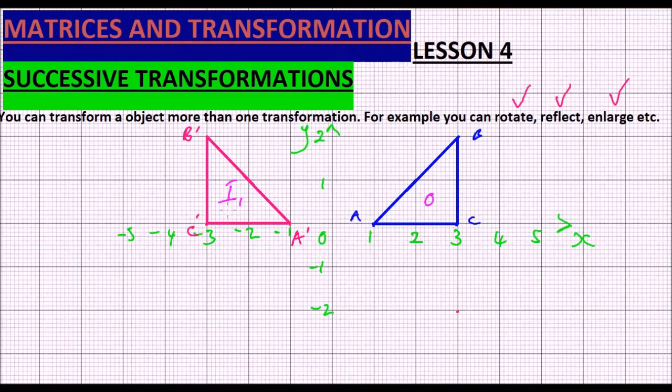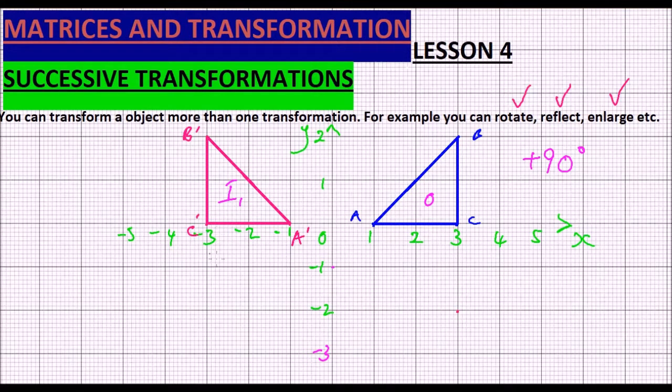Now we are going to rotate this triangle through an angle of positive 90 degrees. For positive 90, we normally use the anti-clockwise direction. So we have here, we can add minus 3. When you rotate A through an angle of positive 90, we will get our point there.